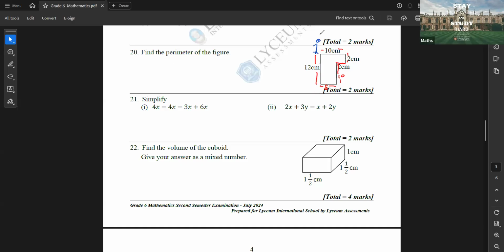So here to here you go 10 plus, here to here 2 plus, go this way 2 plus, you go this way 10 plus, you go this way 8 plus. So 10, 12, 14, 24. 24 plus 12, 36. 36 plus 8 is how much? 44. 44.